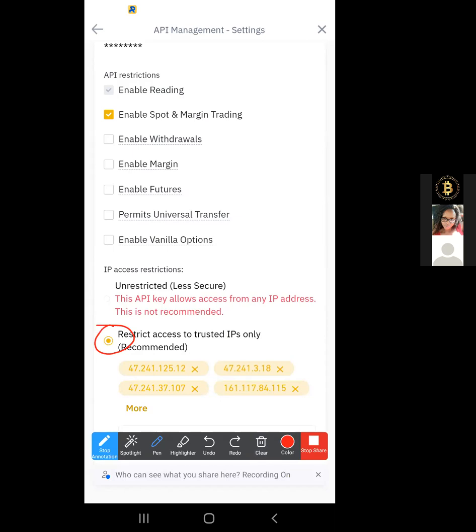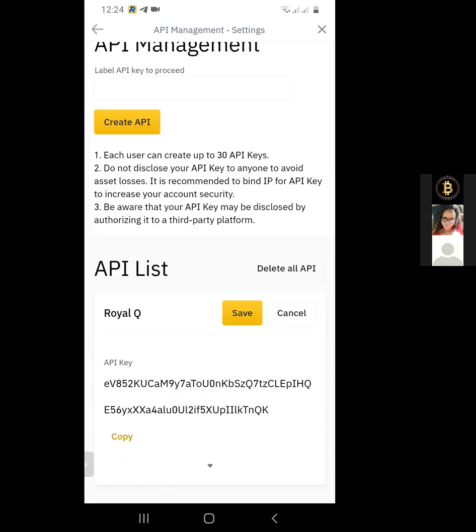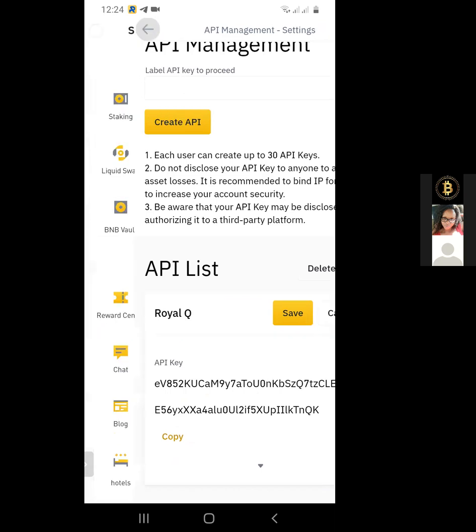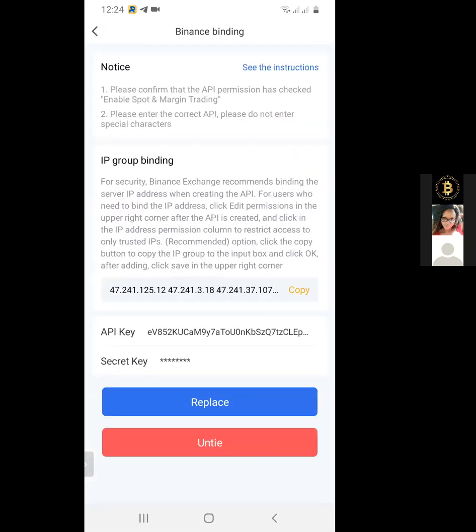So you'd select that, and then you would just paste those numbers that you copied from Royal Q, and you click confirm. Once you've said confirm, you go back up and you say save. And that's it. That's all you need to do. If you want to be extra vigilant, you can even create a new API and start from scratch. But for now, that's all you need to do.